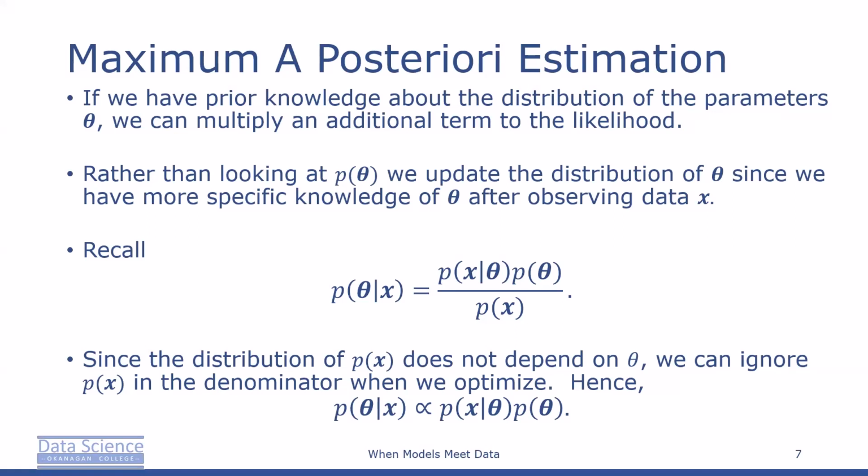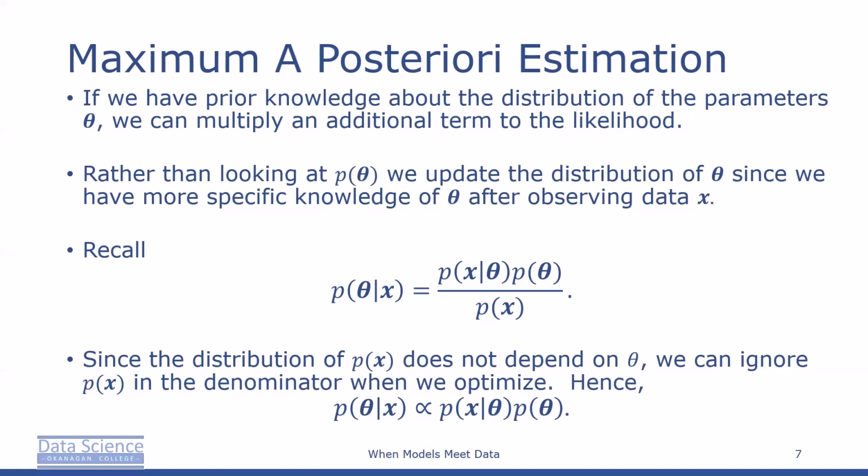The preceding proportional relation hides the density of the data p of x, which may be difficult to estimate. Instead of estimating the minimum of the negative log likelihood, we now estimate the minimum of the negative log posterior, which is referred to as maximum a posteriori estimation or MAP estimation.